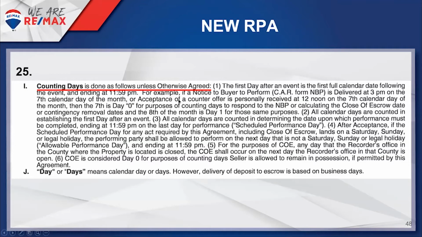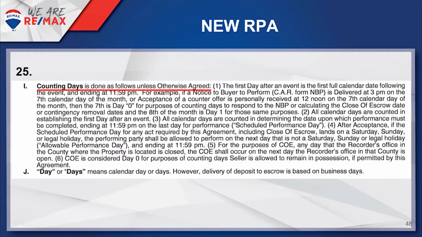I get this question all the time, and I'm just going to try to explain it. I don't think I underlined anything else in this paragraph. This paragraph kind of does explain it, but counting days, the first thing I want to point out, I still get this from time to time: hours has been removed from the contract.